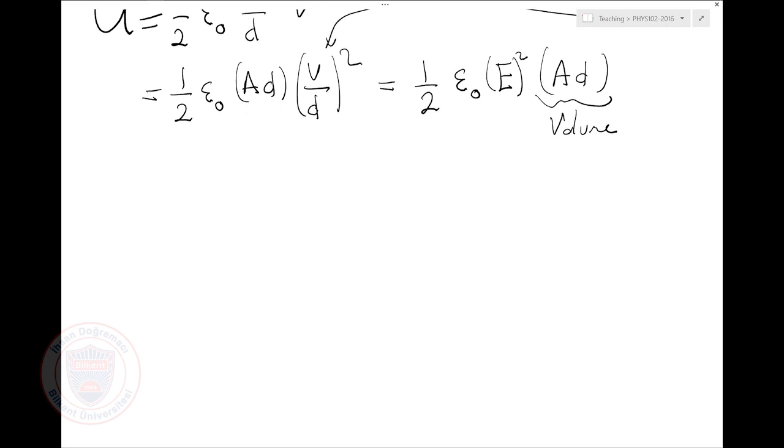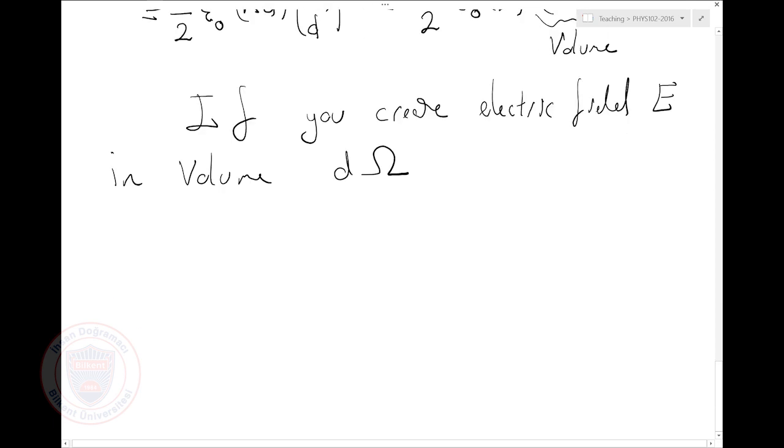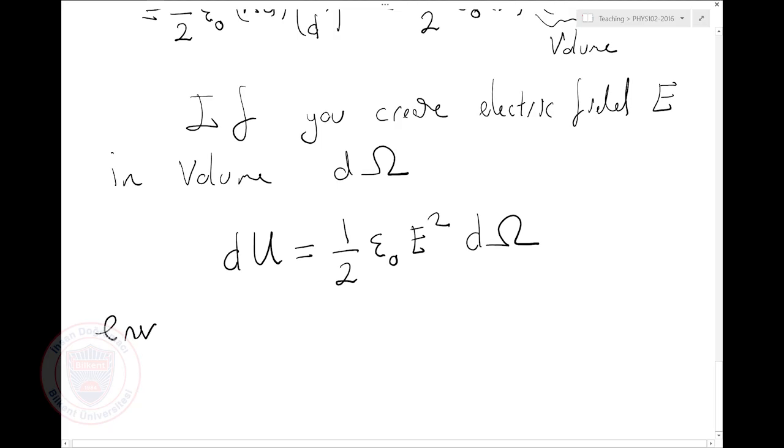I'm going to claim that if you create electric field E in volume d omega, you store dU is 1/2 epsilon 0 E square times d omega energy.